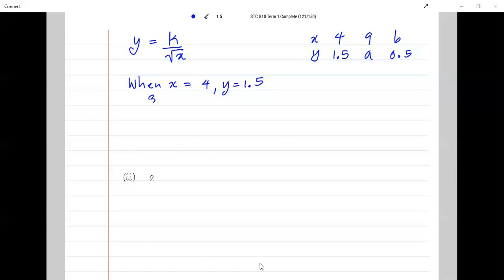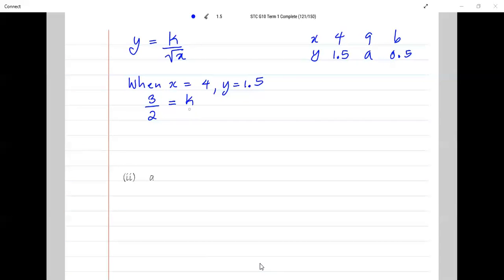Do you agree? 1.5 is 3 over 2. 1.5 is the same as saying 3 over 2. So I did it because I can do it. Whether it's fraction or decimal, it's still the same 1.5. Now, this is equal to k.